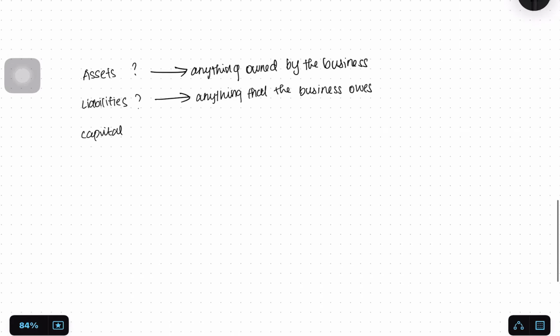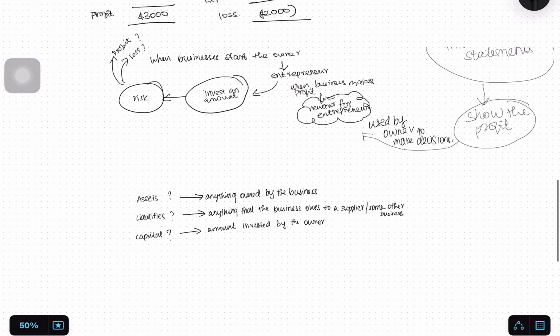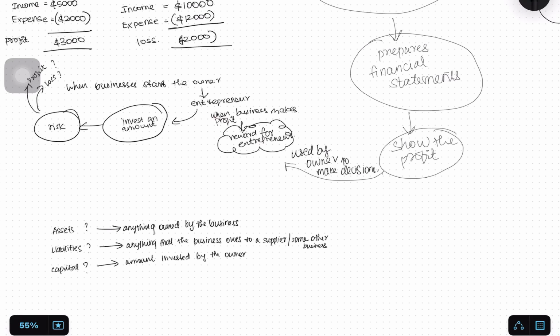It can even be to a supplier or some other business. Okay? Now what is capital? It is the amount invested by the owner. We came across this term when we were exploring this part.